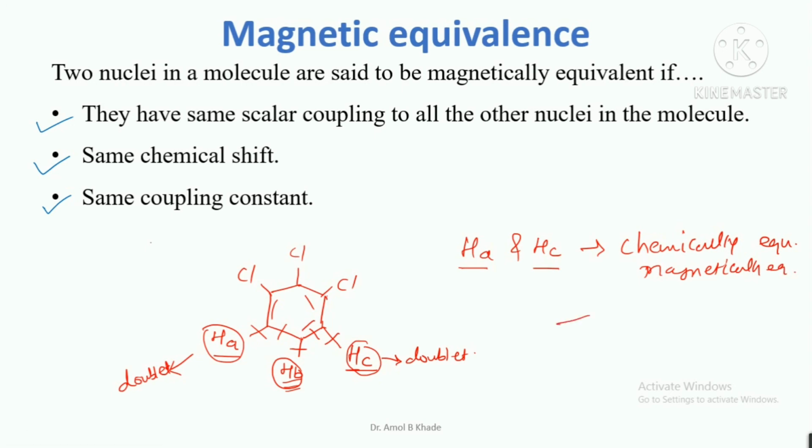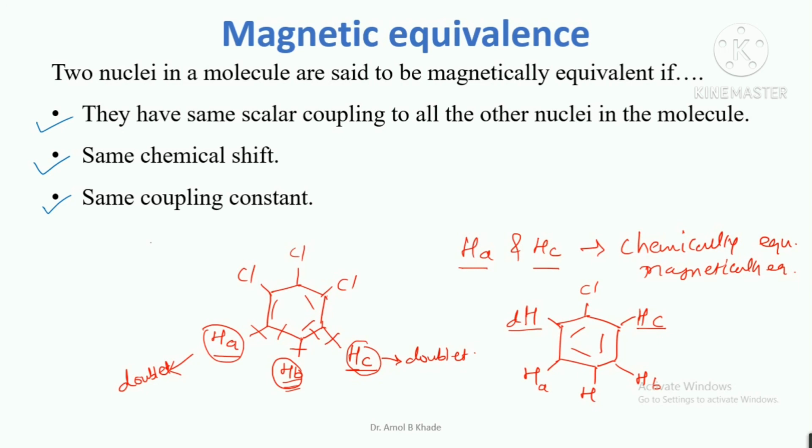Now consider another example like this, where we have chlorine here, then protons here like this. I am assigning this as proton D and this as proton C, and let this be A and this be B. Now, are proton D and proton C chemically equivalent? You can see the immediate neighbor is chlorine here, and then proton A and this proton.